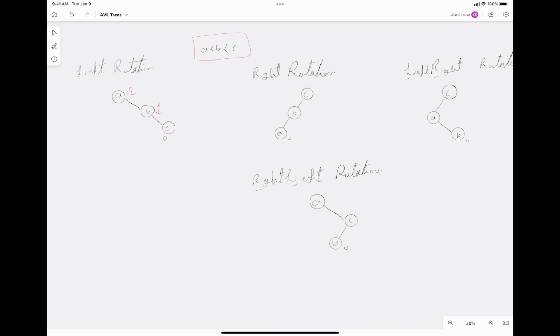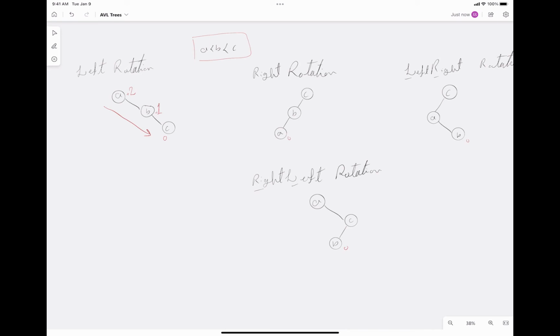So when we have positive numbers, and all the nodes are growing on the right side in a direct path, then we only need to do one single left rotation around the node B in this case.